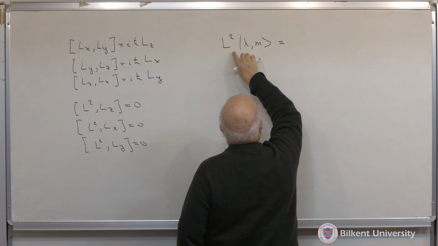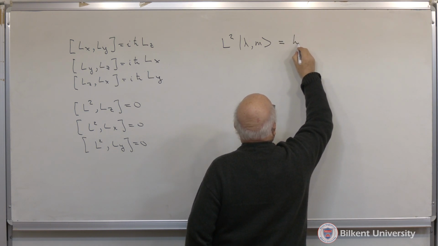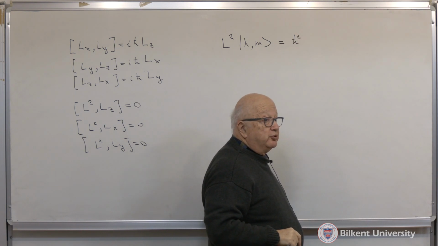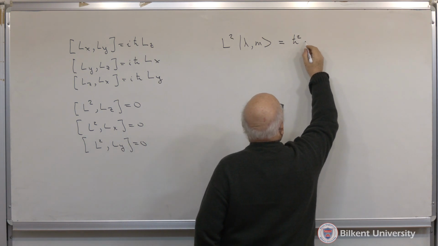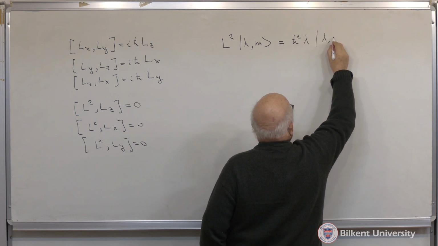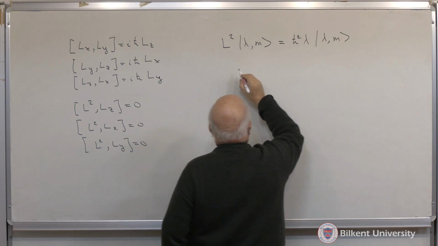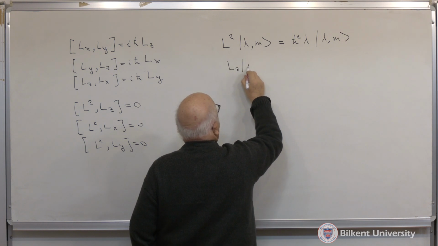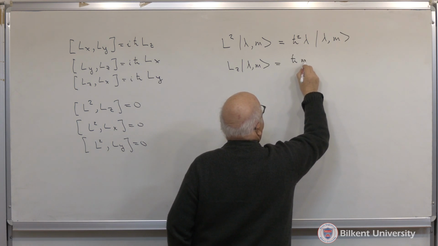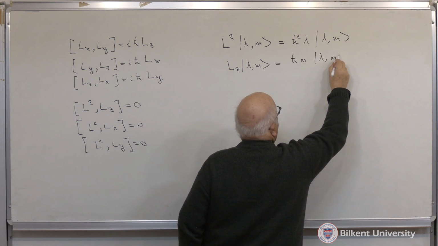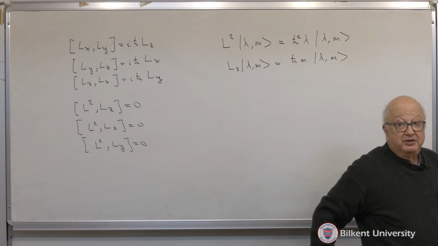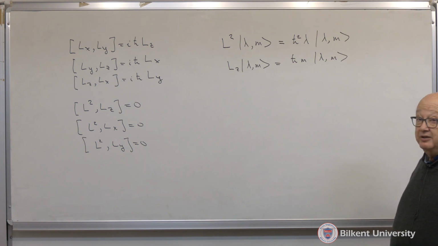So if I operate on it with L squared, I get h bar squared. Remember, units of L squared is the same as units of h bar squared, so I factor that out to get a unitless number lambda. So that's my eigenvalue, lambda m. And similarly, Lz, lambda m, is going to be h bar times m, lambda m. So I know that such eigenvectors must exist because L squared and Lz commute.